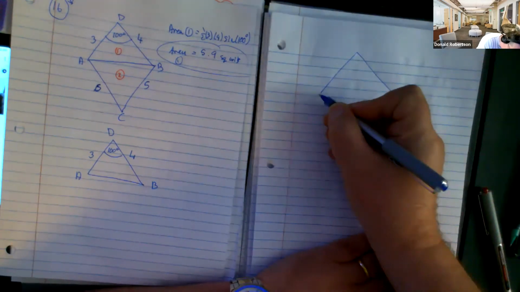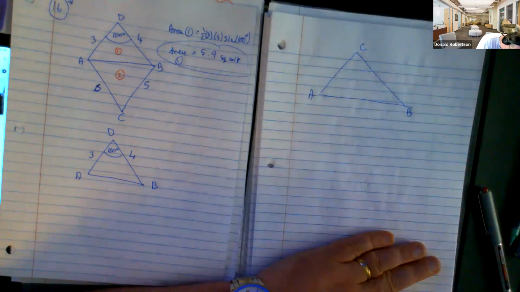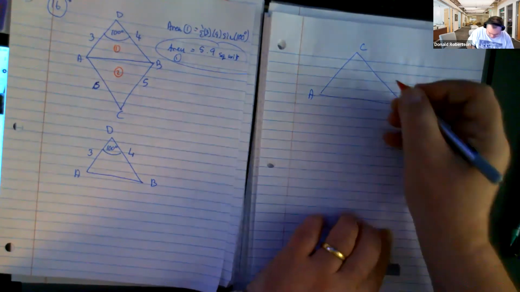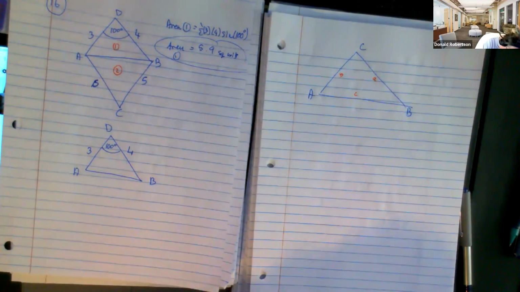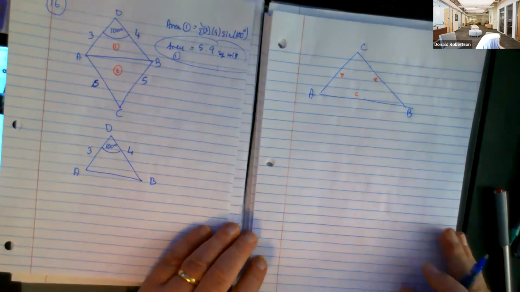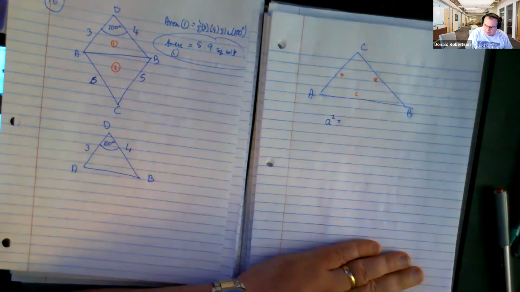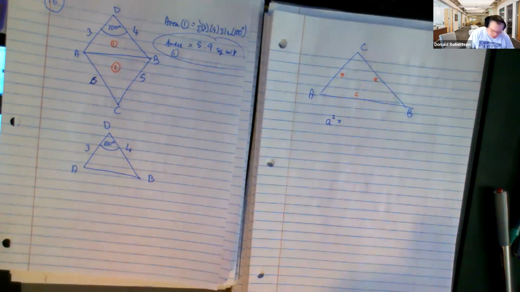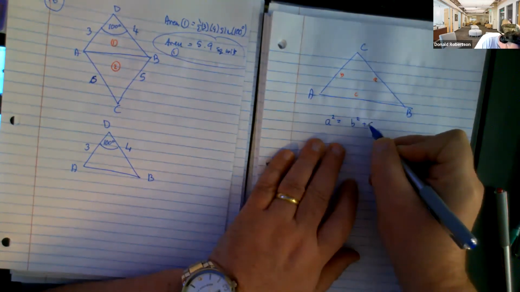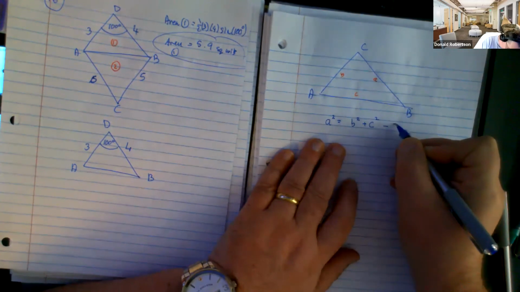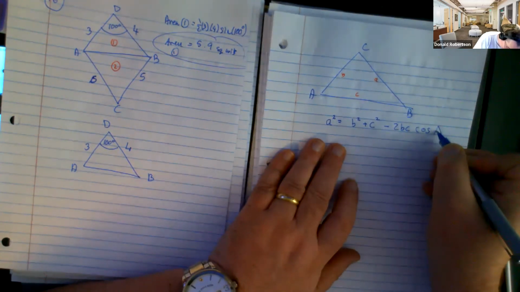Just my generic ABC triangle again. Little a, little b, little c. That is good. Now, if you want to find side little a, the formula for doing it is a squared equals b squared plus c squared, take away 2bc cosine A. Can you just trust me?